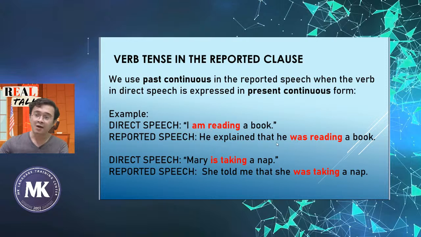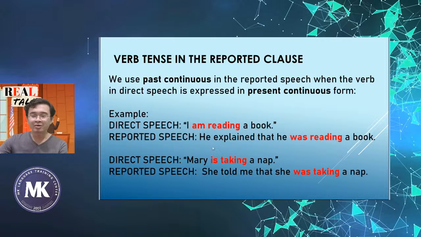So if our subject here is he, she, it, we can use "was" for the past form. But if our subject here is they, we, and if it's plural, then we can use "were" for the past continuous form of the verb. And if it's I, then we also use "was" for the past continuous form.